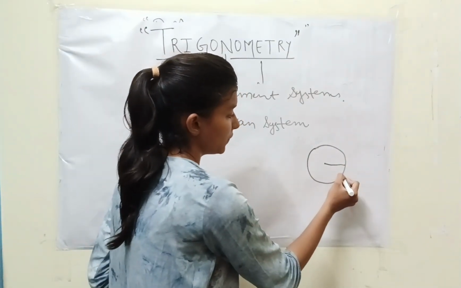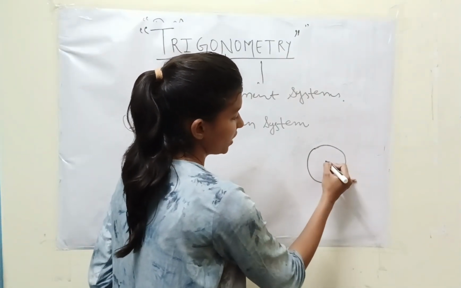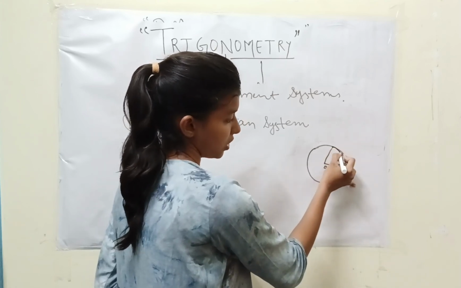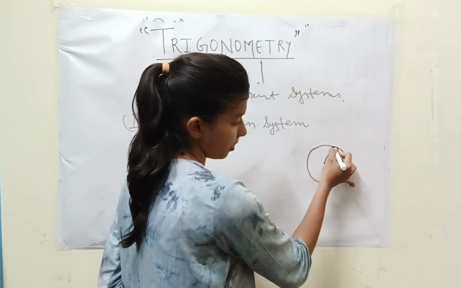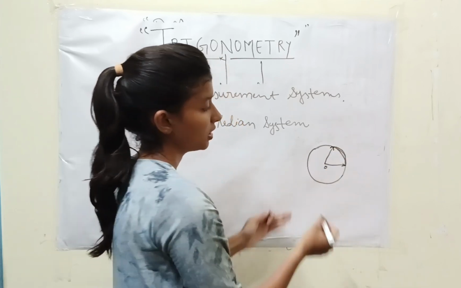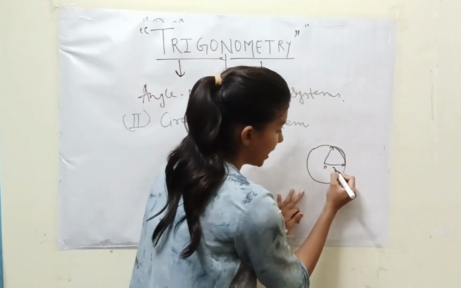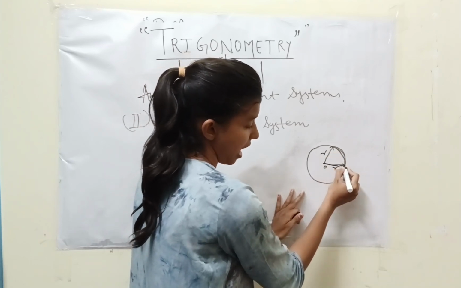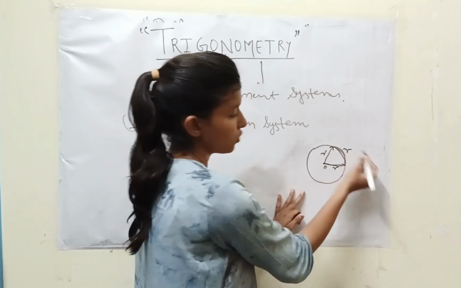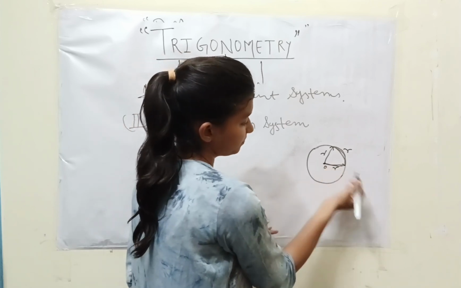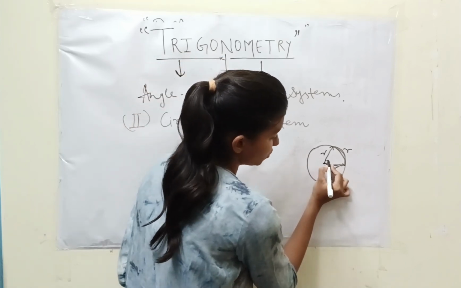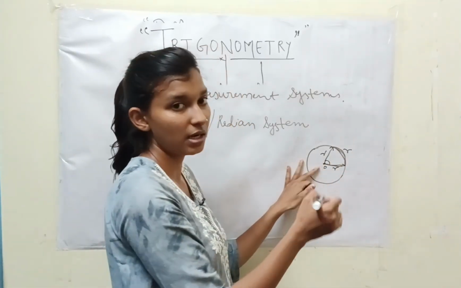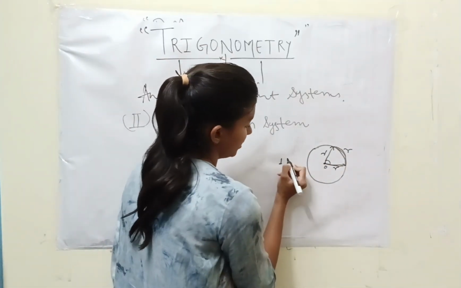Here we say that the angle made by an arc whose length is equal to the radius of that circle, it means the radius is r and the length of the arc is also r, then the angle made by this arc at the center of the circle is 1 radian.